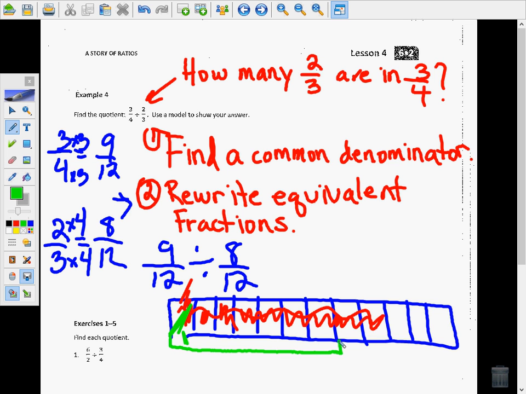So I can fit one group of 8. 1, 2, 3, 4, 5, 6, 7, 8. This is 8 twelfths, sorry about that. So we have one group of 8/12. I'm going to circle that so you can see that. There's 1. Now what fraction does that leave me? We need 8 of them. You have 1 left, so this will be 1/8. So your solution would be 1 and 1/8.